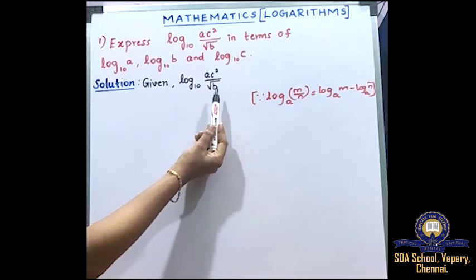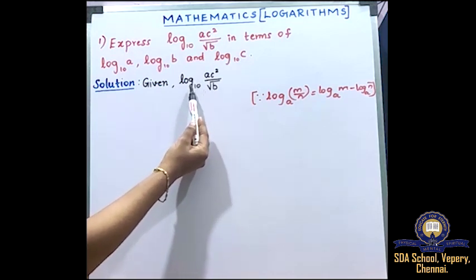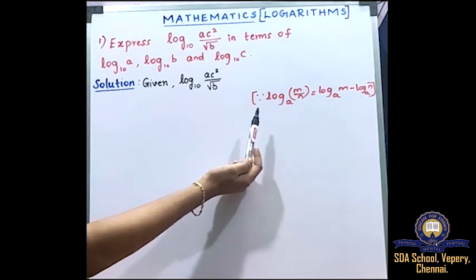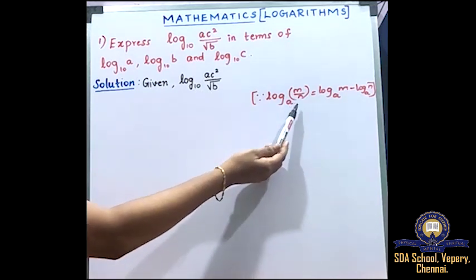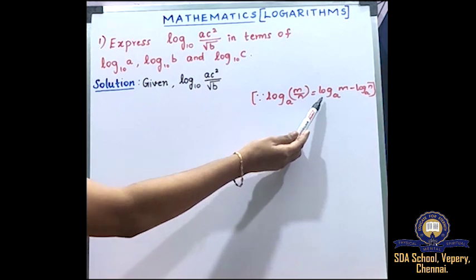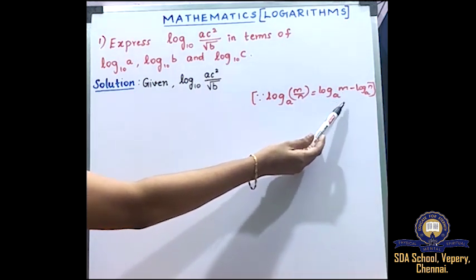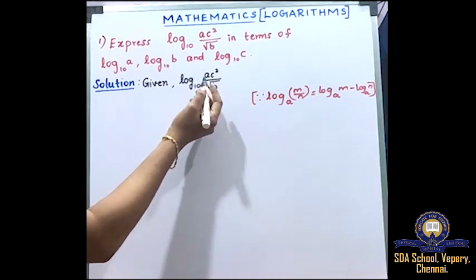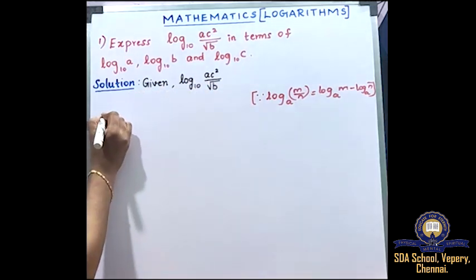So now, if you observe the given question, it is in the form of log m by n to the base a, right? So as the law says, log m by n to the base a equals log m to the base a minus log n to the base a. So we are going to apply this law here. So what will you get?